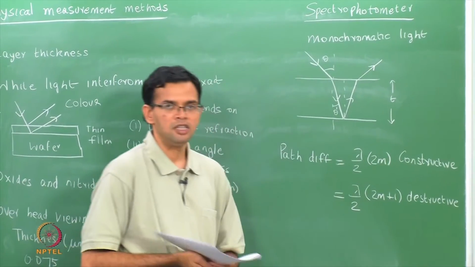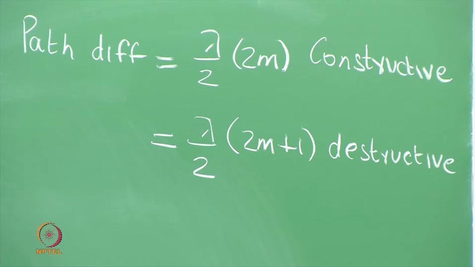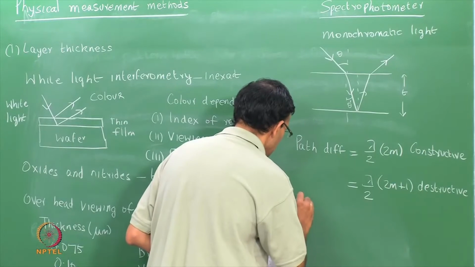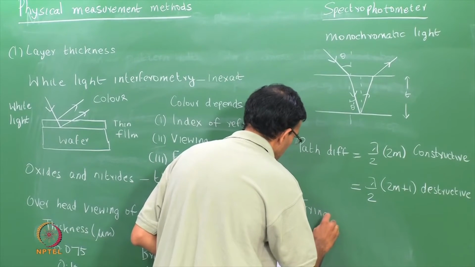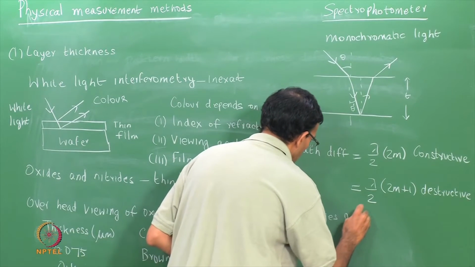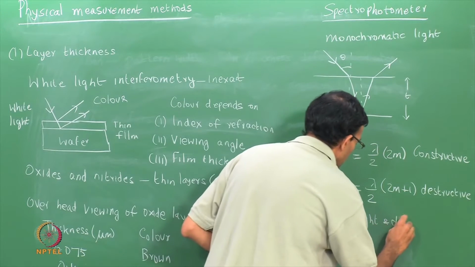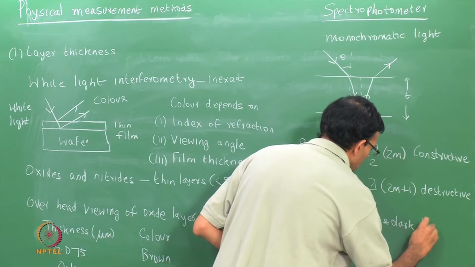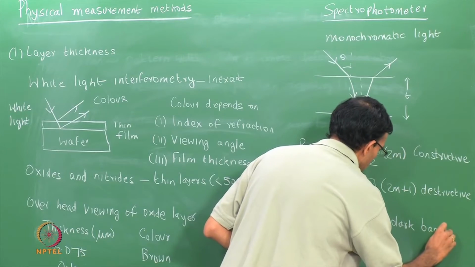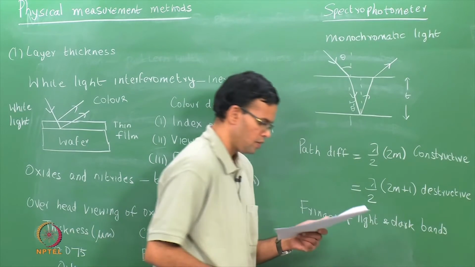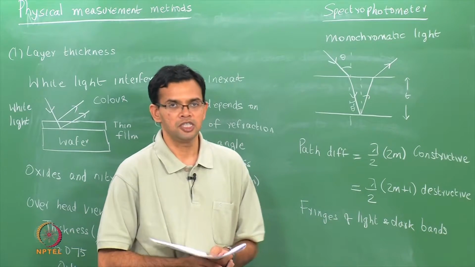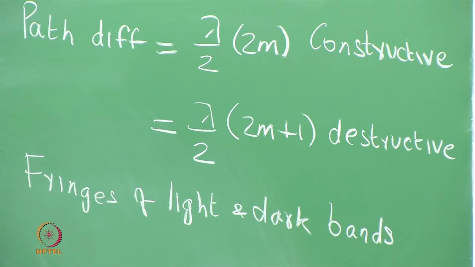So, by changing the wavelength of the light, it is possible to produce fringes of light and dark bands, and from knowing the fringes and from measuring the value of m, it is possible to calculate the thickness.